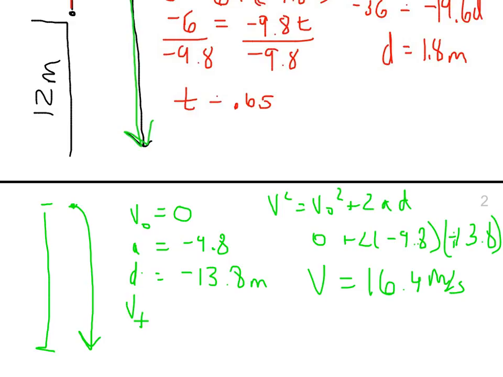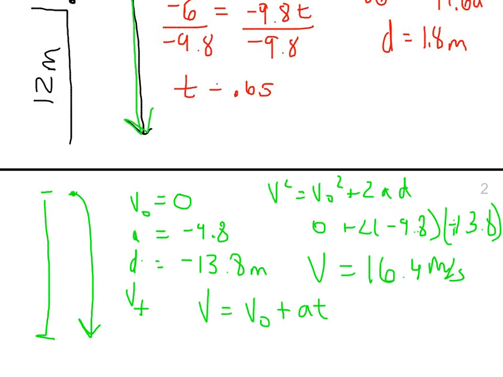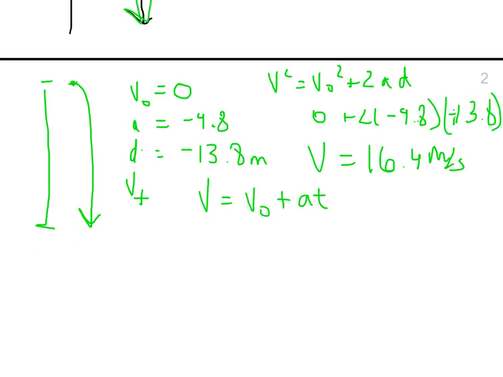To find the time, I can say that V equals V naught plus AT. I know that V, we just found, was 16.4. V naught, we said, is 0. 9.8 is A. T, so I'll divide this by 9.8.